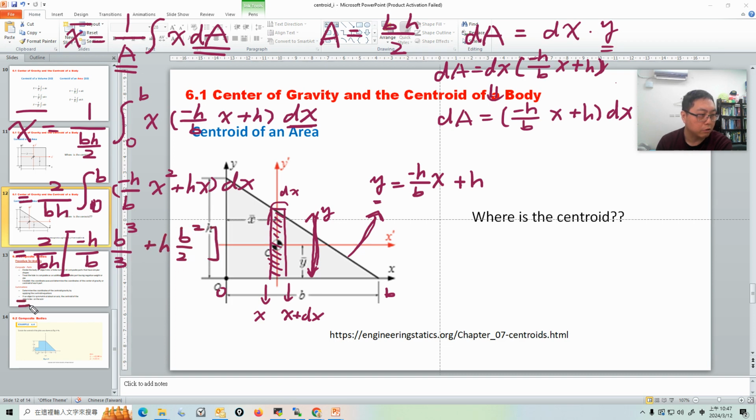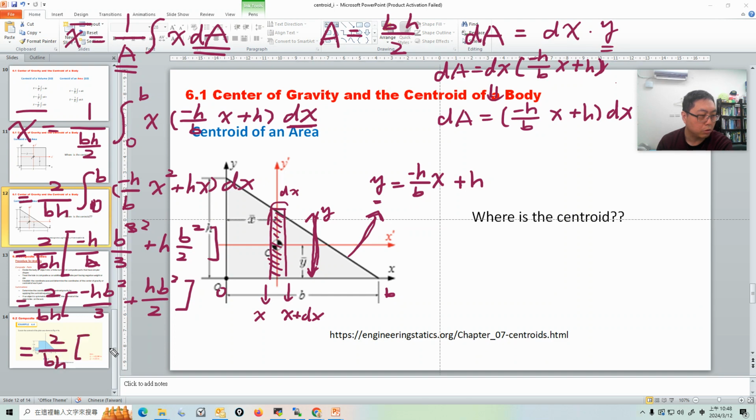Okay, so let's see what the answer is. BH over 2, this is 2, minus HB squared plus 2HB squared. So what's the final answer?